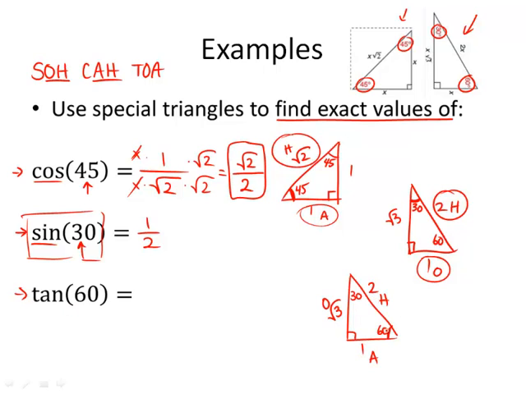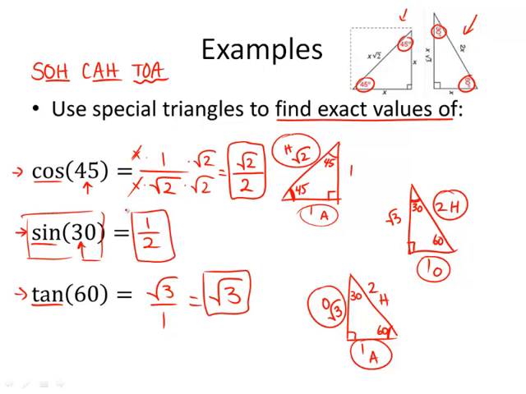So tan of 60 will give us opposite over adjacent, which is root 3 over 1, which is just root 3. So we are able to find exact values only for angles used in the special triangles that we have developed.